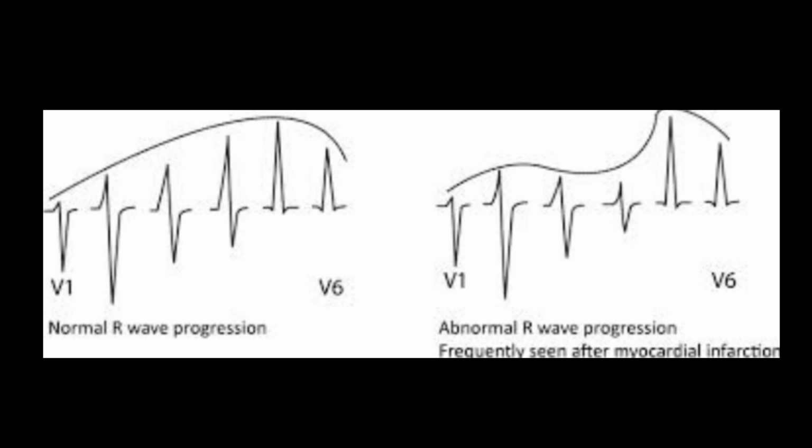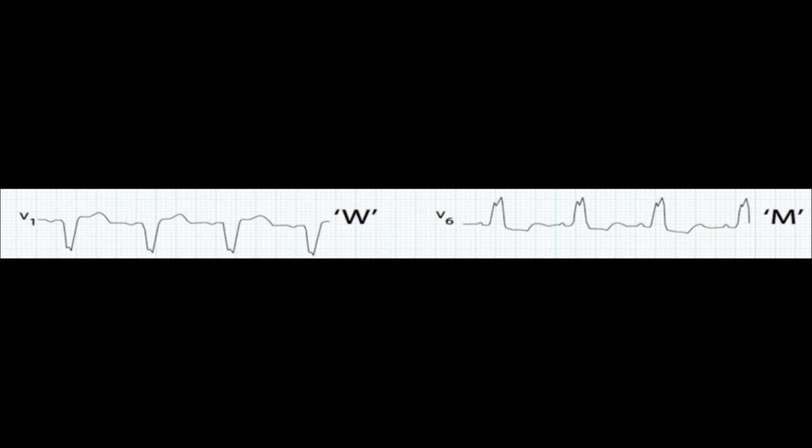So generally with amplitude, there are several approaches in this, but generally we say you add the larger S wave of V1 or V2 in millimeters to the larger R wave of V5 or V6. And that helps you determine a normal amplitude. Duration, normal duration of the QRS is generally less than 0.12 seconds.